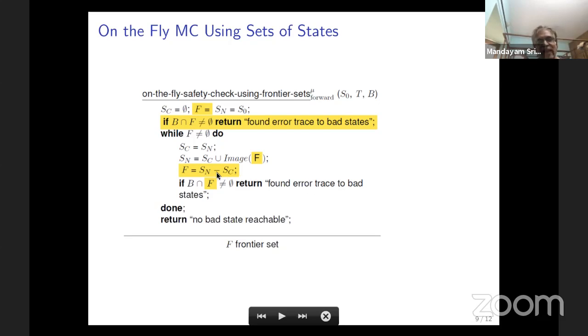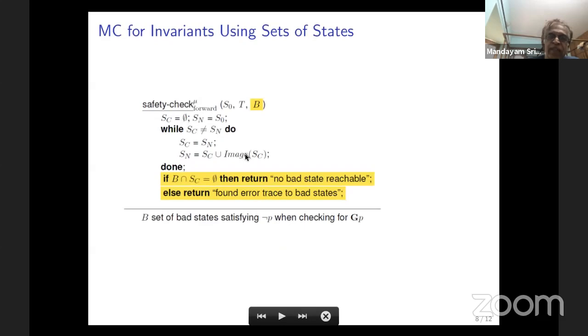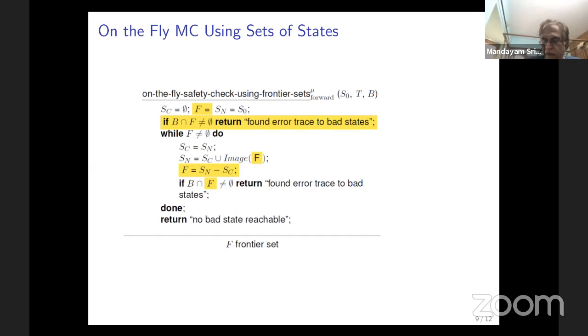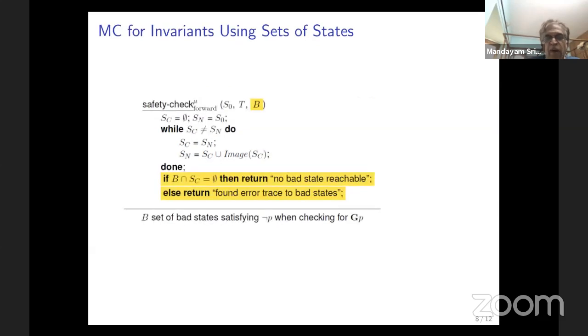There is another slight optimization that is done here. Previously you were computing the image of the entire set. So the result is that you keep redundantly computing images on states on which you have already computed.